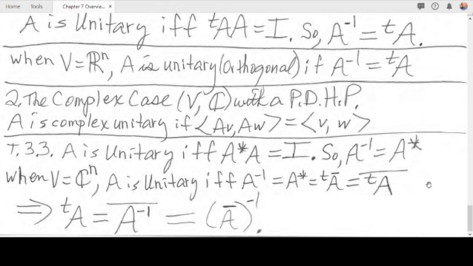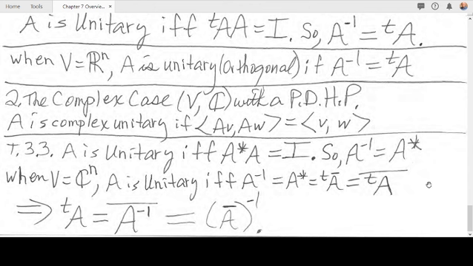Now, I will make one more comment. I didn't write down theorem 3.4 at the end of section 7.3 that talks about orthonormal bases. I'll say this. In the case of matrices, a matrix is unitary, orthogonal in the real case, when the columns of the matrix form an orthonormal set of vectors.